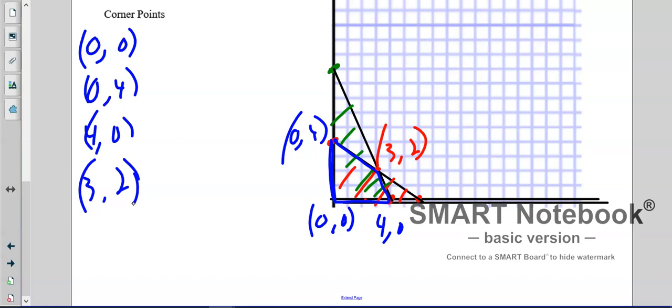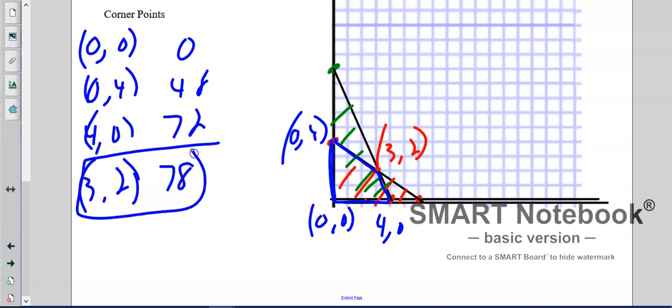So when I plug these in to my objective function, I end up with 0, 48, 72, and 78. There's my maximum. But this is a word problem, so I need to say 3 belts and 2 wallets.